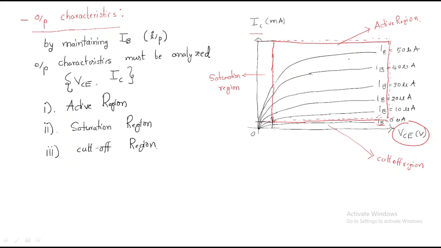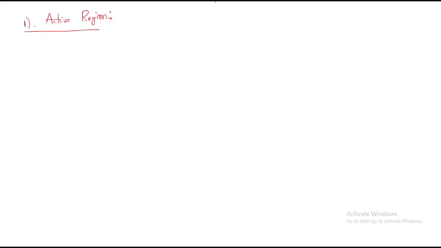We have to observe two points in the active region. The first point is that by increasing IB, IC increases. That means by increasing the input current, the output current increases.